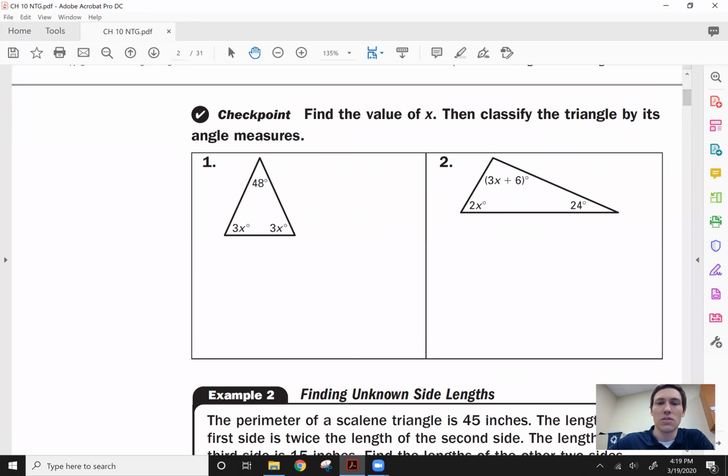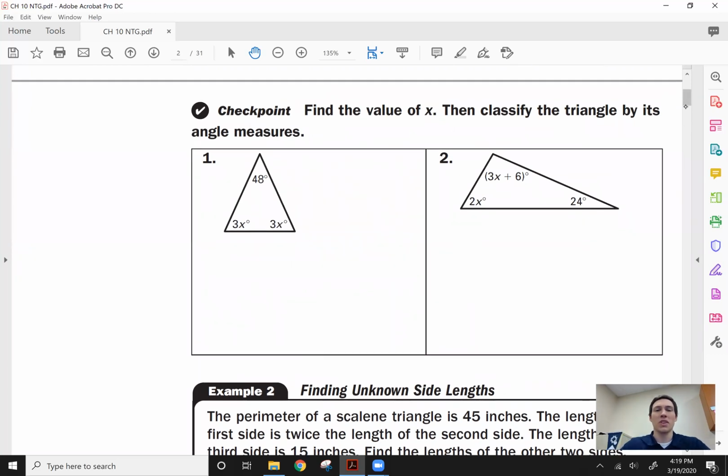All right. So let's do the checkpoints here. So again, remember, all the angles in a triangle add up to what? 180 degrees. So if I go 3x plus 3x plus 48, that equals 180. So 3x plus 3x, to combine the like terms, I get 6x plus 48 equals 180. Now, x is being multiplied by 6 and added by 48.